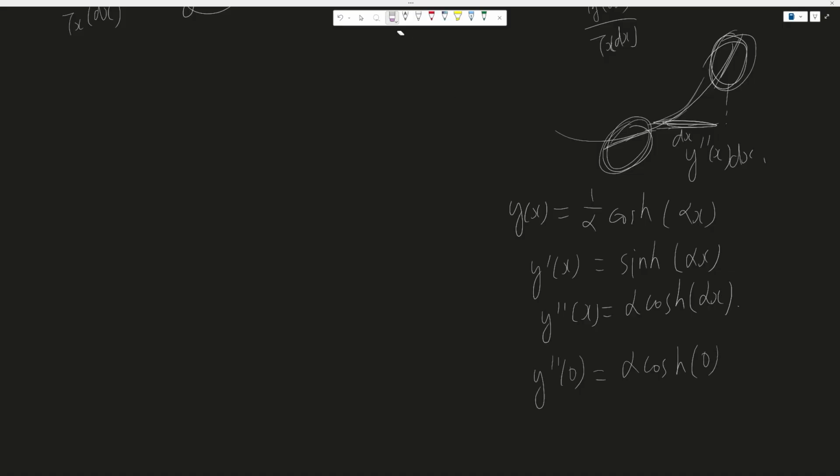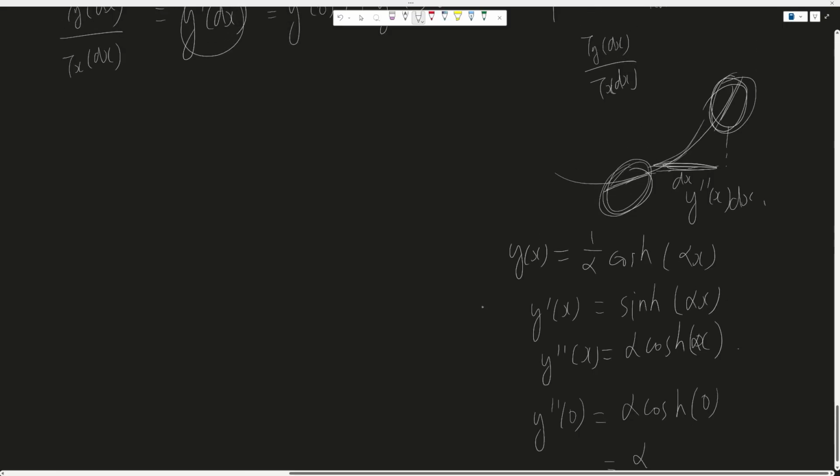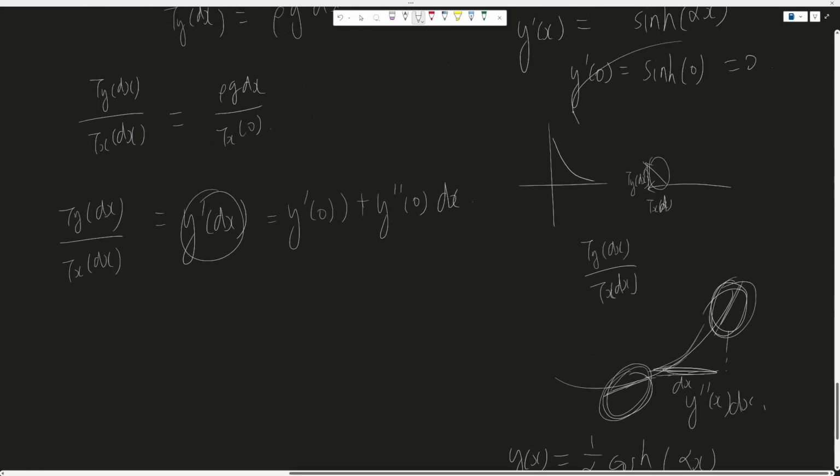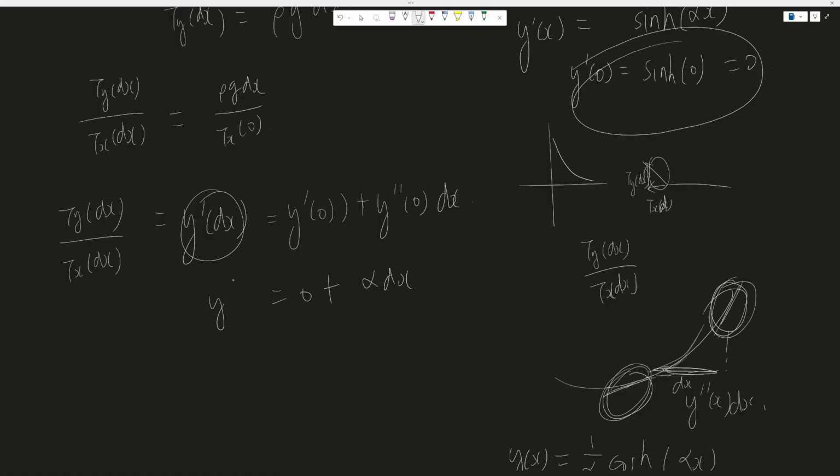Oh, sorry, it should be 0 here, and hyperbolic cosine of 0 is 1, so it's just alpha. And previously we said y prime 0 is 0, so this becomes 0 plus alpha dx equals y prime of dx. So y prime of dx needs to equal alpha dx.